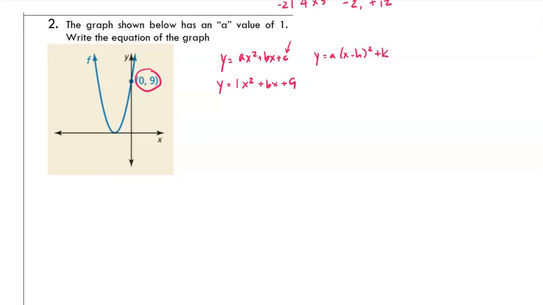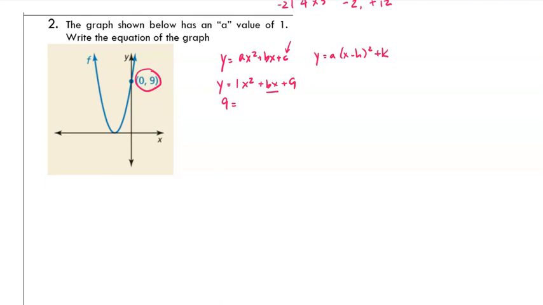Okay, we can't reuse 0, 9, because then we still don't know what b is. If we put 9 here, and if we put 0 for x, it's going to eliminate the b.